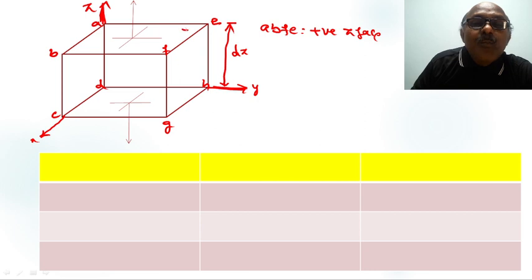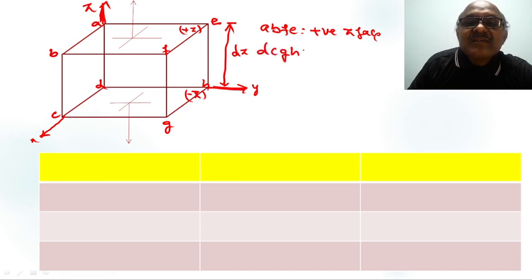Now the negative z face is D, C, G, H, my dear students.